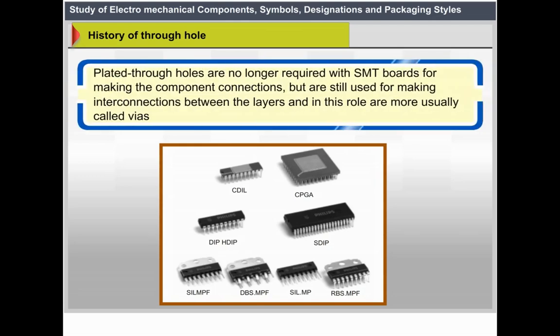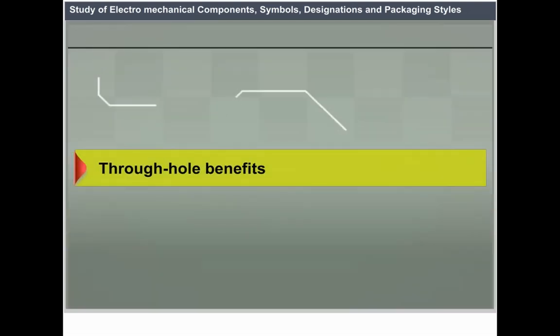Plated through-holes are no longer required with SMT boards for making the component connections, but are still used for making interconnections between layers, and in this role are more usually called vias. Through-hole mount packaging is shown. Through-hole benefits.